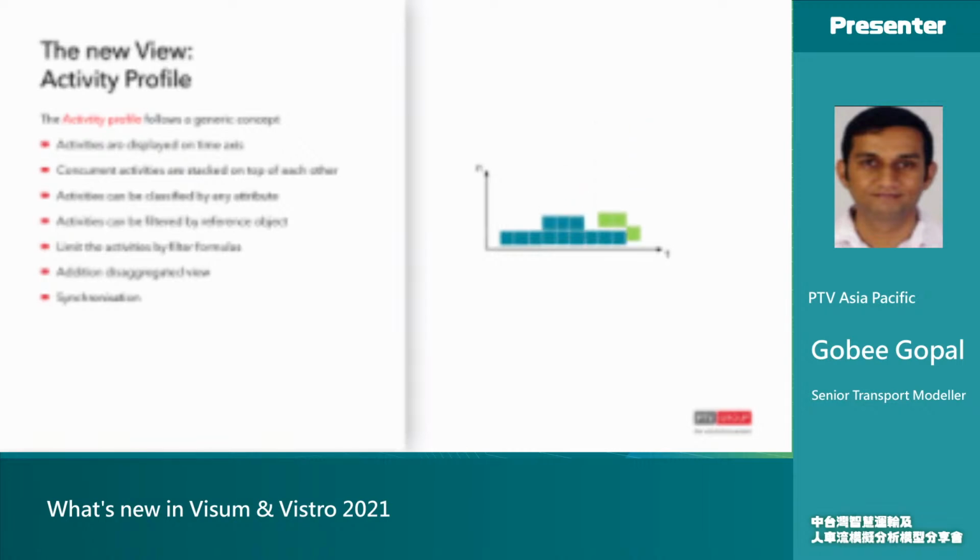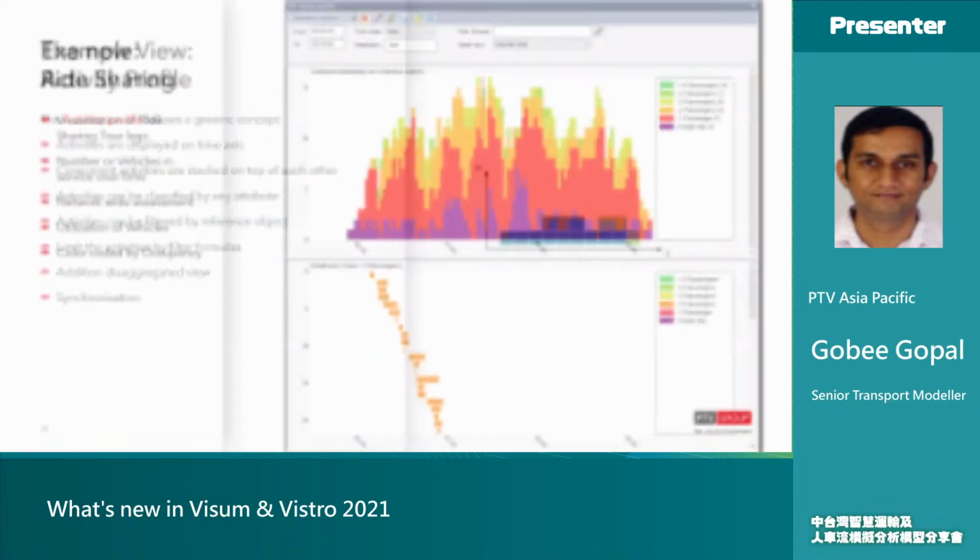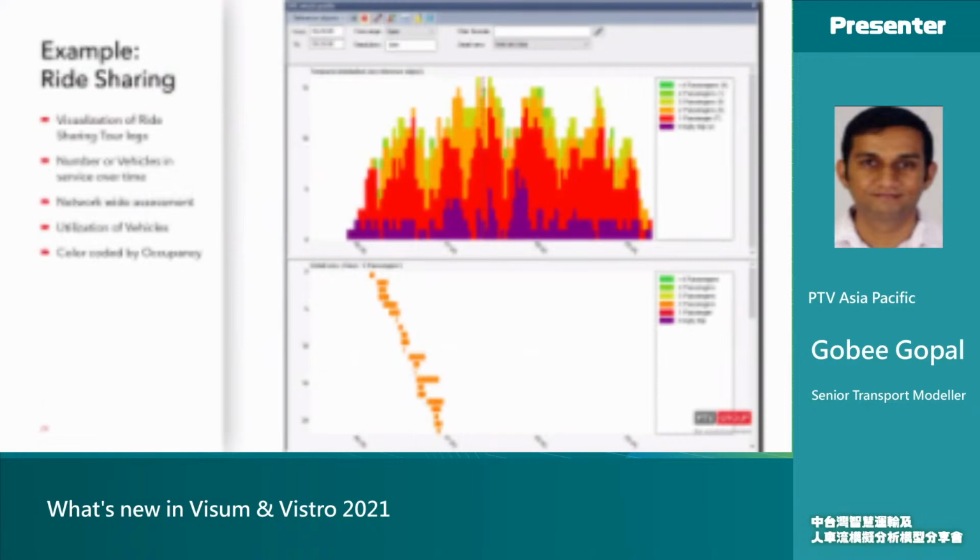So actually, you can see how the activities, when you calculate each step, are further disaggregated. So again, I show the ride sharing. During the ride sharing assignment, post assignment, the user can view visualization of ride sharing tour legs.